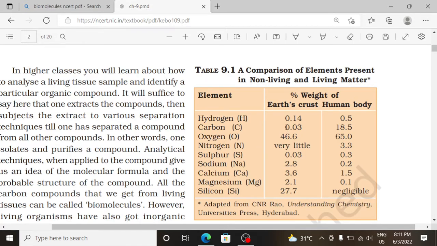Carbon is 0.03 and 18.5. Oxygen is 46.6 and 65%. Nitrogen is very little in the earth's crust and it is 3.3 in the human body.